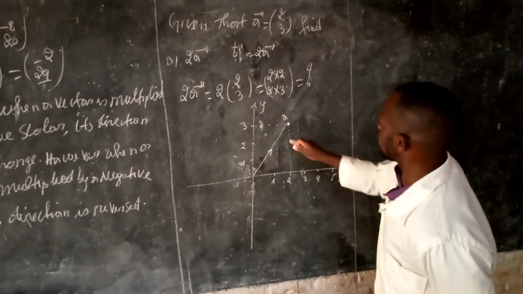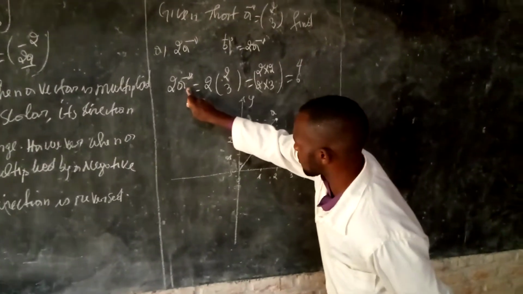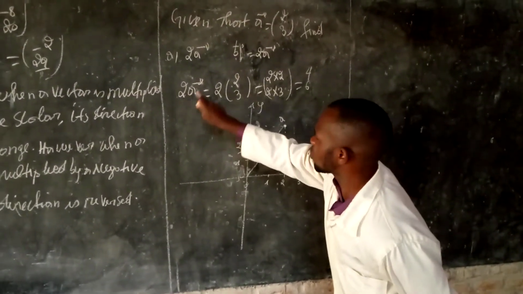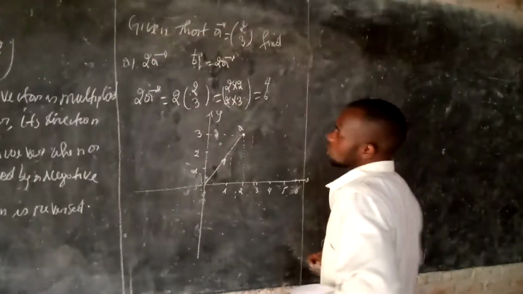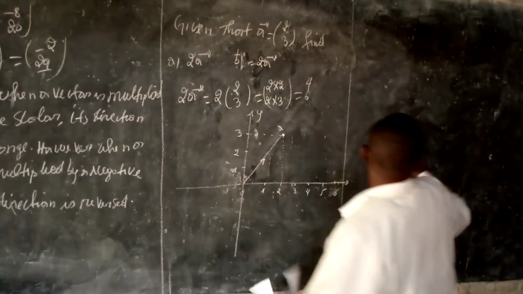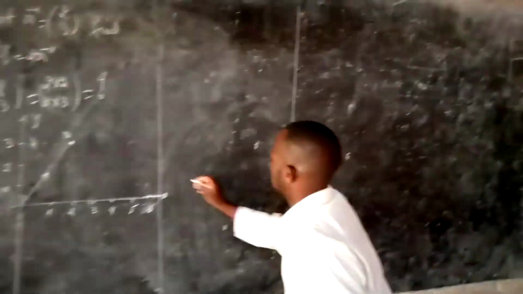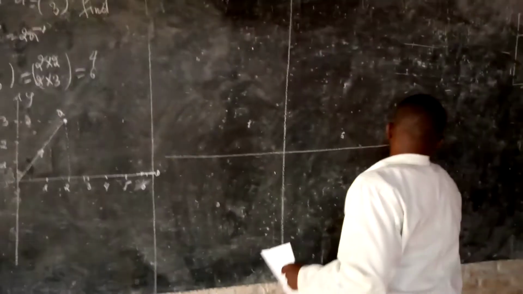So now you can draw a scalar multiple, 2 times A. Let us show you by using this one. Let us draw.